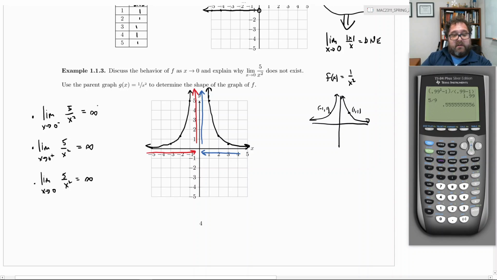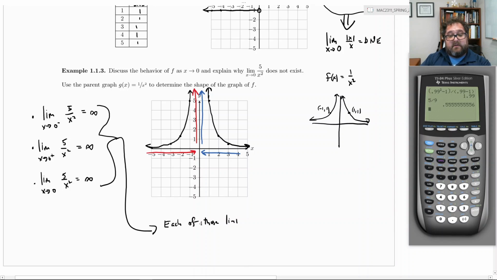In all three of these cases, this is just simply a special way to say each of those limits does not exist due to unbounded behavior toward infinity.